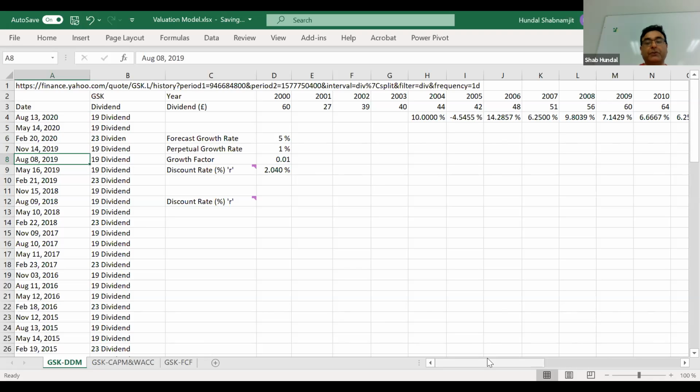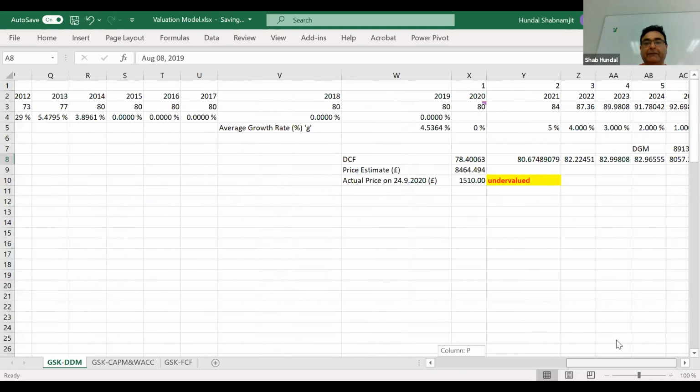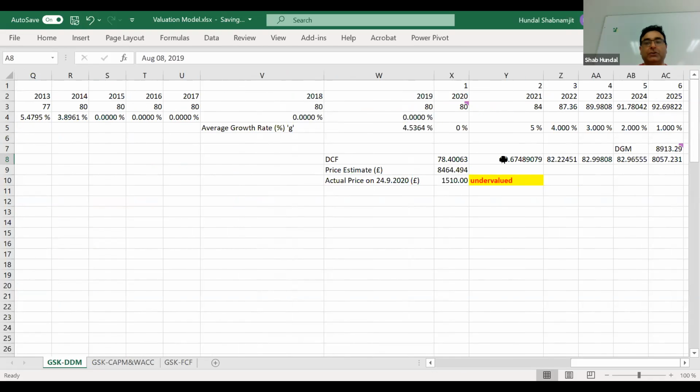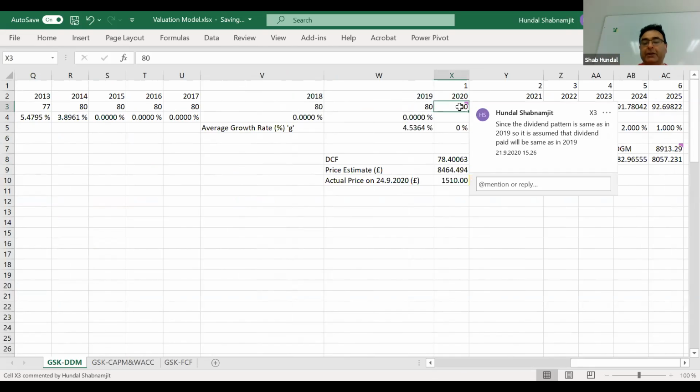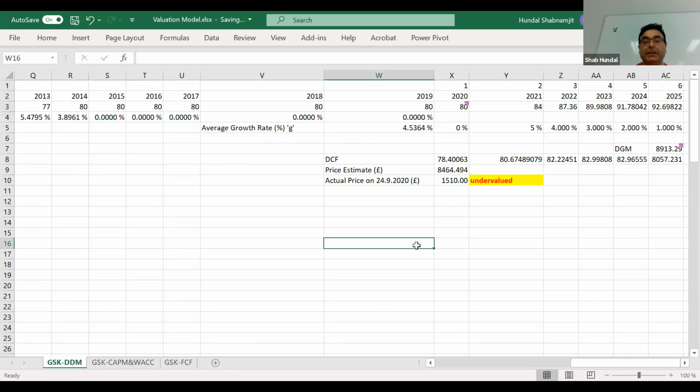So I have a good reason to believe that if in the 3 quarters the dividend payout has been same, then it should not be a surprise if the dividend in the last quarter is also the same. So I assume that the dividend will be 80 pounds overall for the year 2020. And I wrote a note here that since the dividend pattern is same as in 2019, it is assumed that the dividend paid will be same as in 2019. So I took this figure, 80,000.